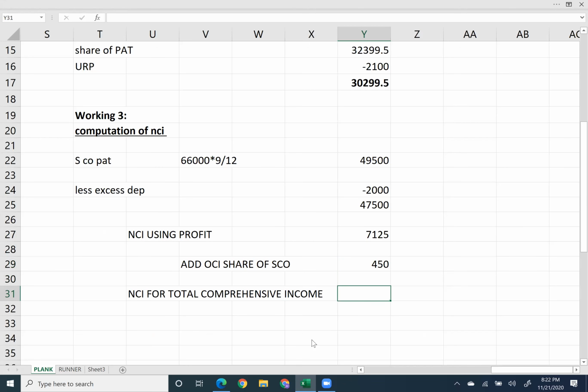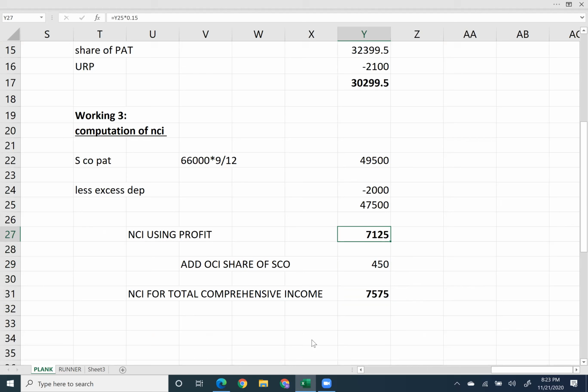So let's calculate this number as well. See, this is 7575 and this is 7125. NCI using profit and NCI using total comprehensive income.